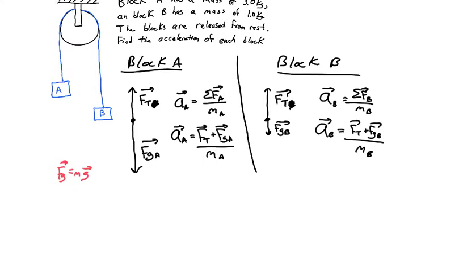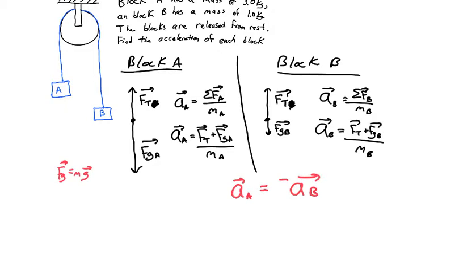The fact that we are dealing with two objects that are tied together means that they have to move together as well. So I can write an equation that spans the gap of these two, that acceleration for object A has to be equal to the opposite of the acceleration for object B.